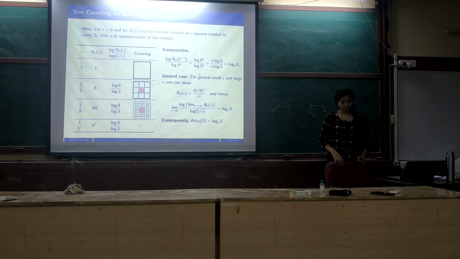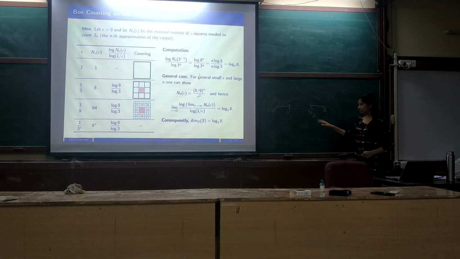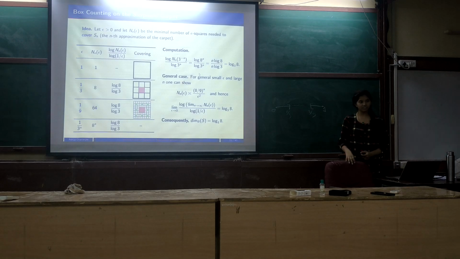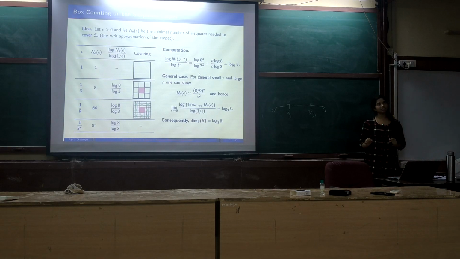Also, for the Cantor set, your dimension is around, I think, 0.63. Your Cantor set is a subset of a line, obviously the line 0, 1, so its dimension will be less than or equal to 1. However, we know that the Cantor set is totally disconnected. It's more like a set of points, but it is an uncountable set of points, so we can't say that it has dimension 0, just like a point.